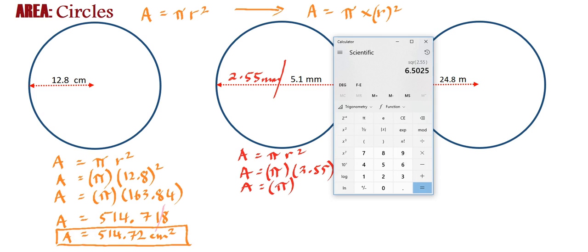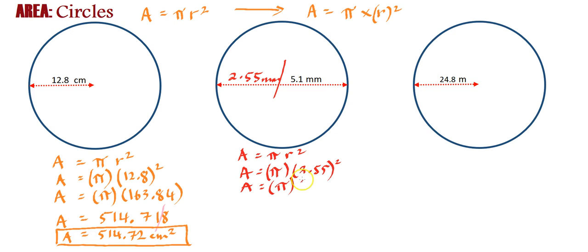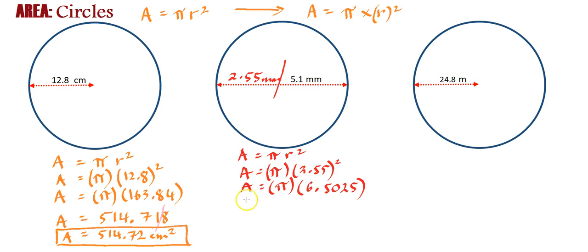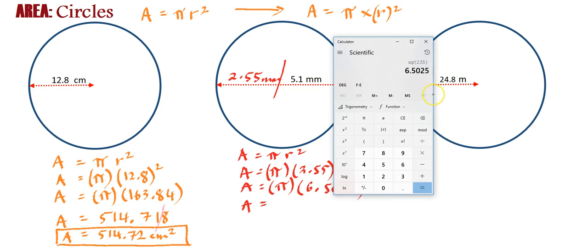So it's 6.5025. Okay, let's check that that's correct. That's correct. Okay, so the next step is to multiply pi by that value, so by the radius squared. So let's do that. And it gives us a value of 20.428.